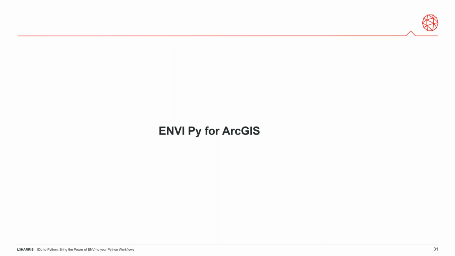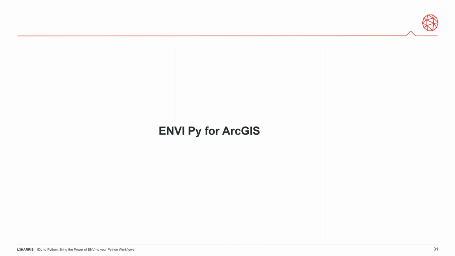We've integrated ENVI and ArcGIS since 2008 at various levels, and this Python IDL and Python integration has evolved over the years as well, and it's a lot easier to use and work with these days.